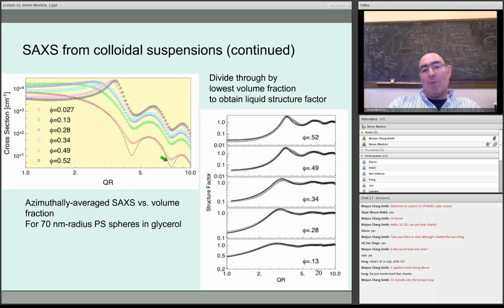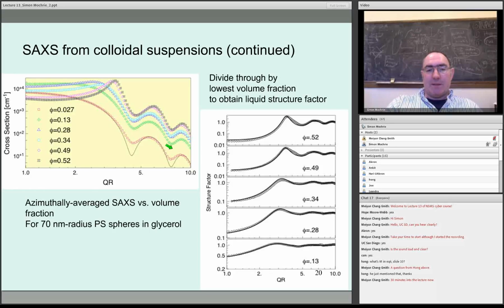That's the form factor of spheres. They're slightly polydispersed. There's a distribution of sphere radii, and therefore the dips don't go down to zero, but they're filled in, corresponding to the distribution of different sized particles.